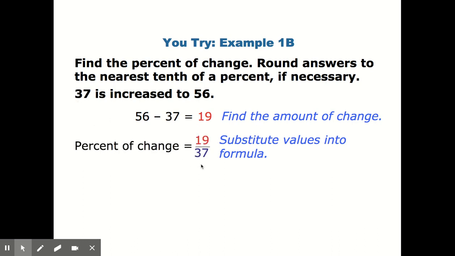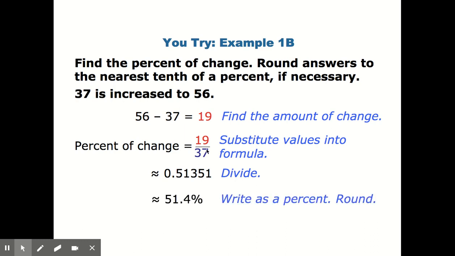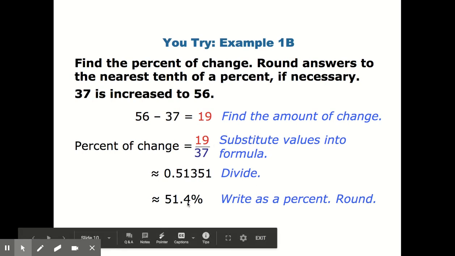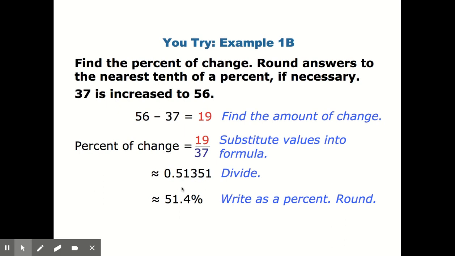Our original was 37. So we would do 19 divided by 37. We would divide it out using a calculator. So you get 0.51351. And then we would convert that to a percent, and we get 51.4%. We get 51.4% because the 3 rounds up because the 5 is after it. So the percent of increase is about 51.4%.